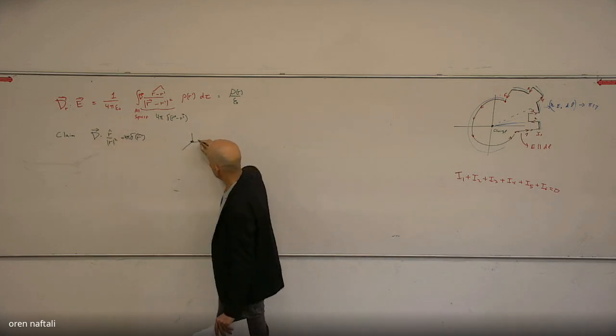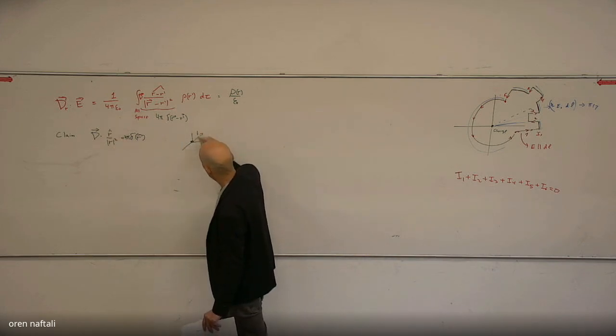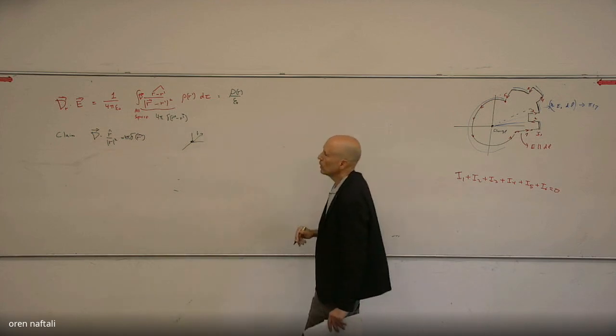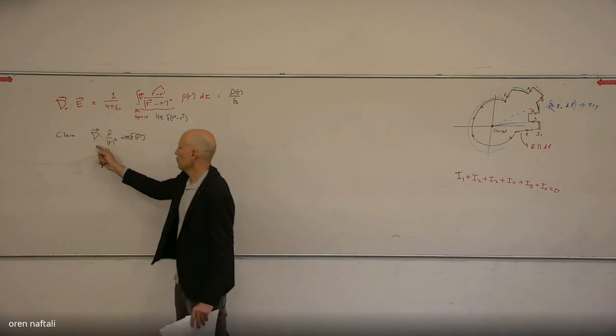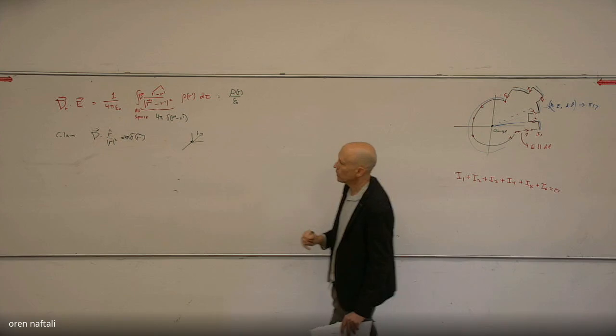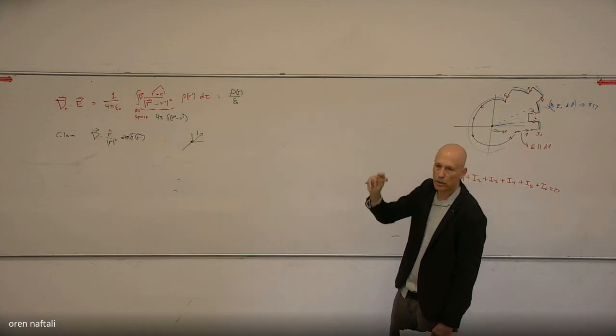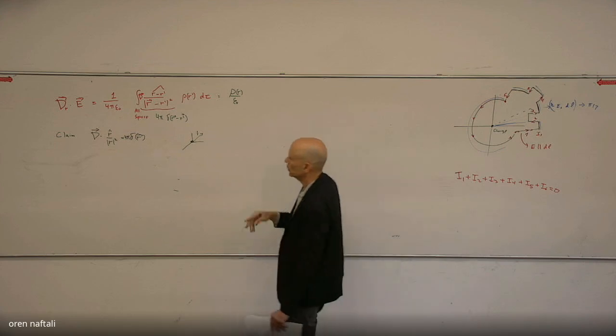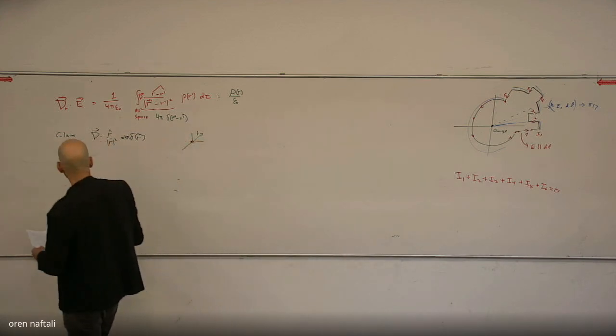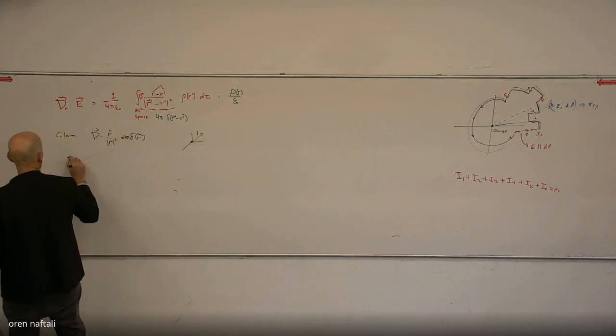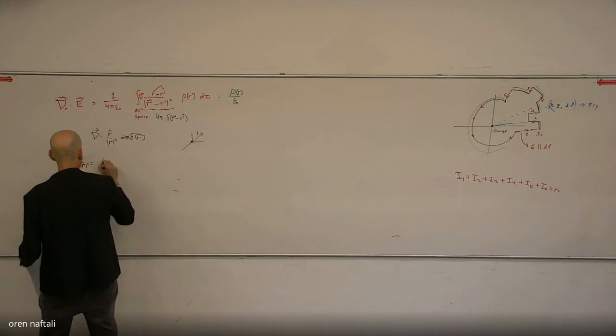It's in the r hat direction, because then I don't need the full expression for this divergence. I need only the part of it that is related to the r direction and not the theta and the phi direction. So that's, of course, very useful. So this is simply r squared. This is simply 1 over r squared.